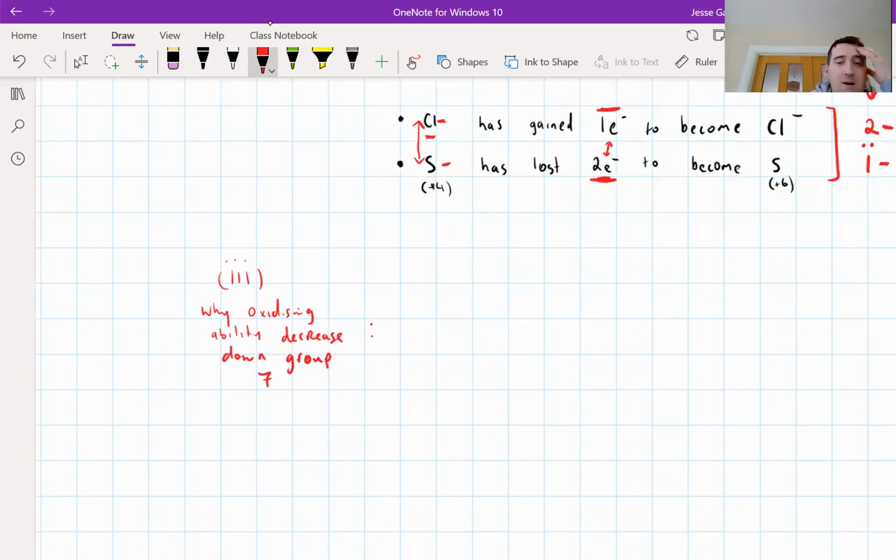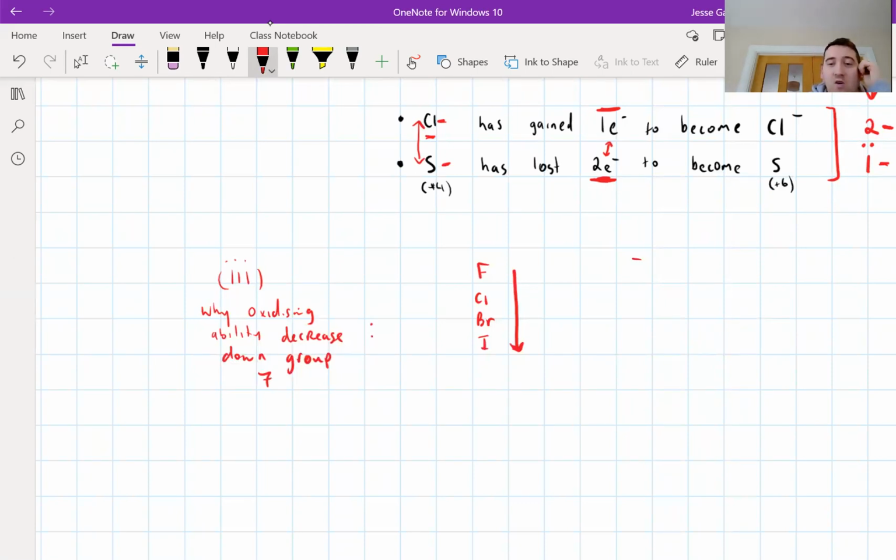Okay, so remember what happens when something is an oxidizing agent: it itself has to be reduced. It has to gain an electron. So all of the group 7 elements, fluorine, chlorine, bromine, iodine, are all going to gain electrons. But it's saying that the ability to gain electrons decreases as you go down a group. Now, why would this be?